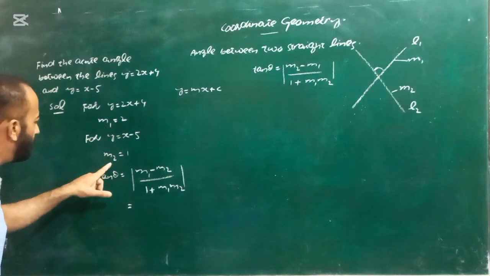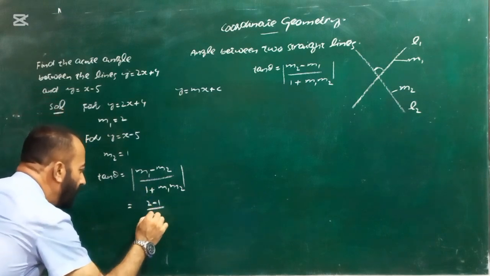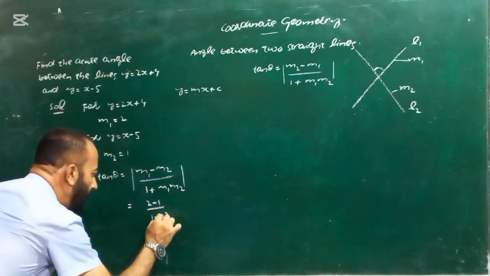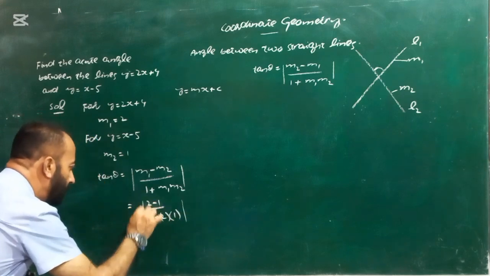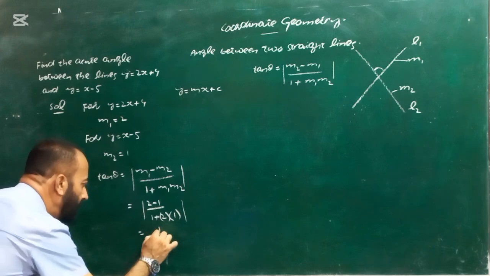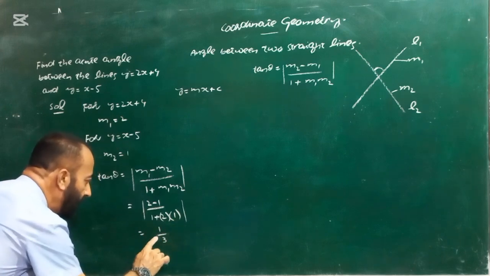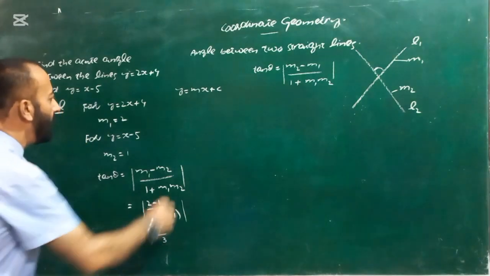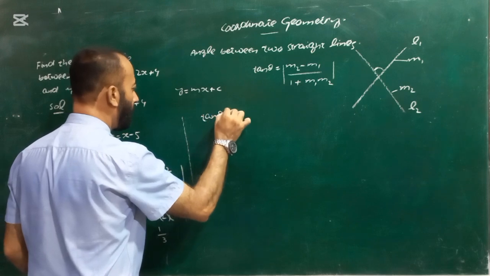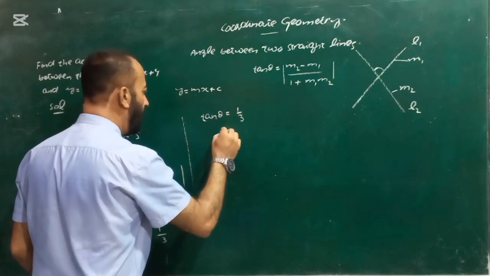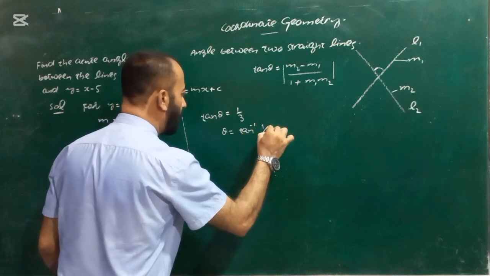m1 is 2, m2 is 1, so 2 minus 1 over 1 plus m1 into m2, mod. So 2 minus 1 is 1 over 1 plus 2 is 3, so 1 by 3 is the answer. So tan theta is equal to 1 by 3 and theta will be equal to tan inverse 1 by 3.